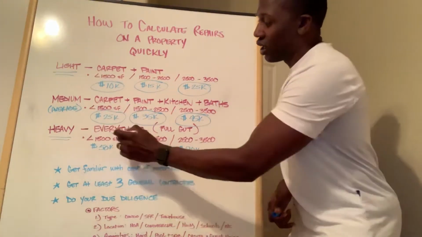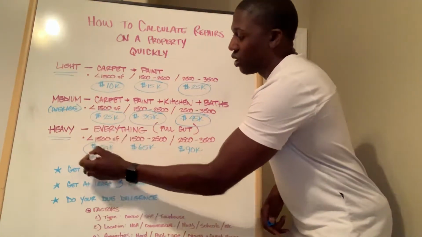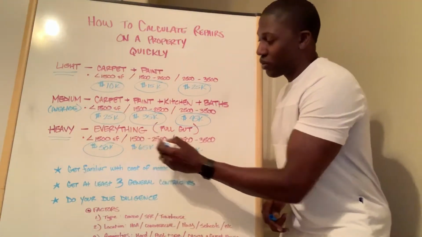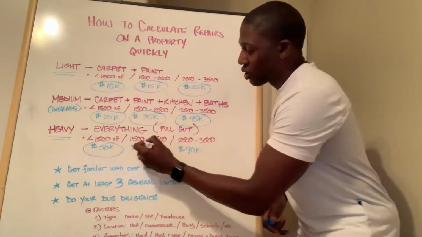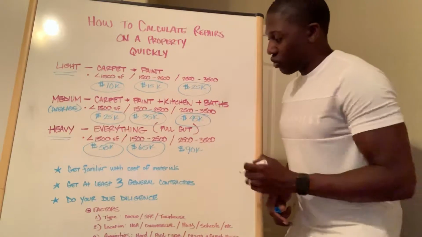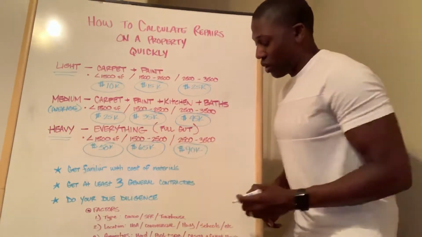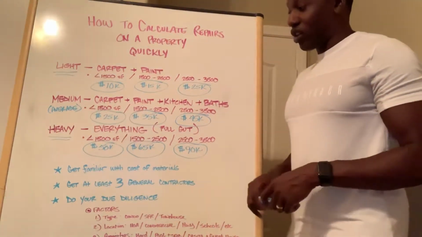So for under 1,500 square feet, we'll figure a full gut is probably around 50 grand. Then for 1,500 to 2,500 square feet, this is going to be approximately 65 grand. And then we're going to move up to 2,500 to 3,500, factor in maybe $90,000 for that rehab remodeling cost.